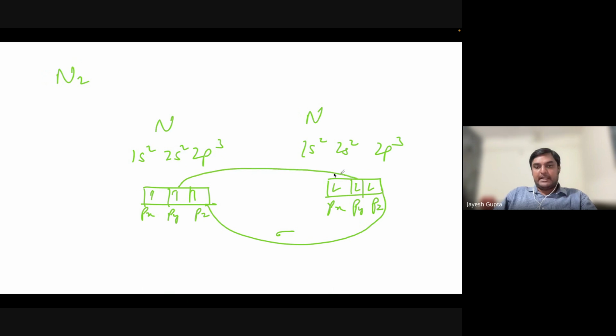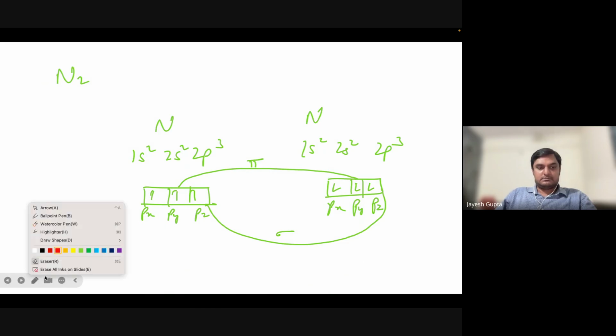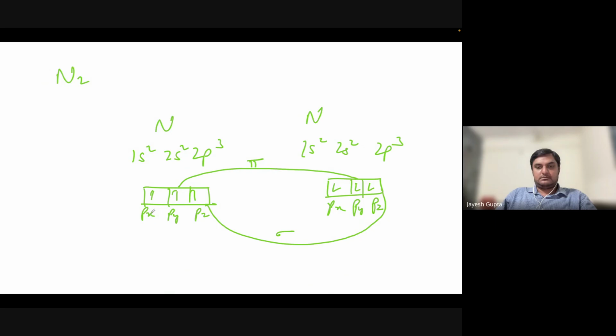The other two will be pi bonds. One will be between py and py, and another one will also be a pi bond. So now you can easily see 1 sigma and 2 pi.